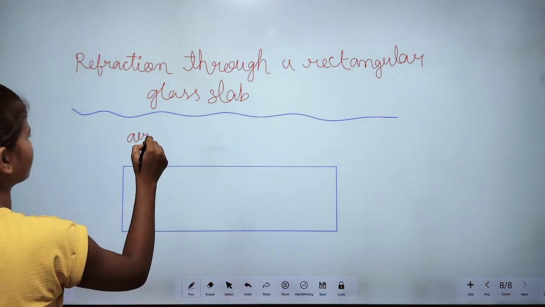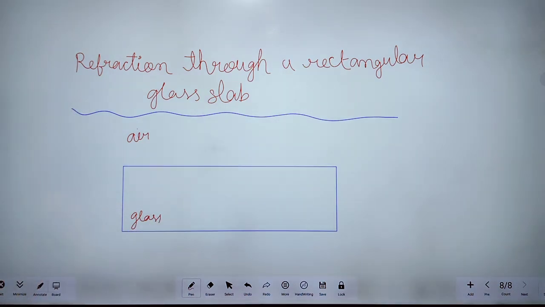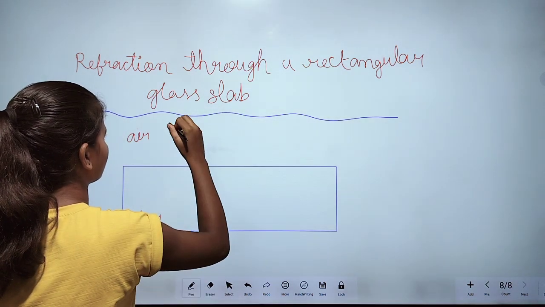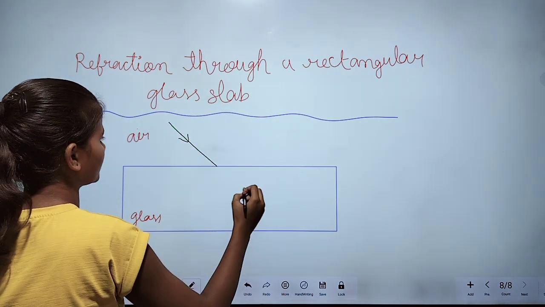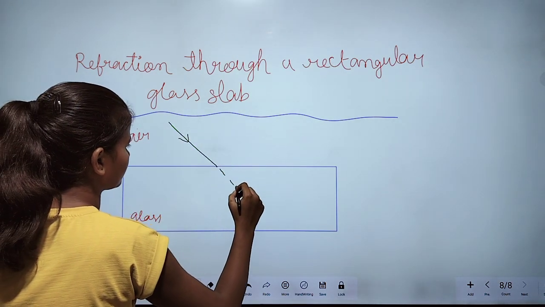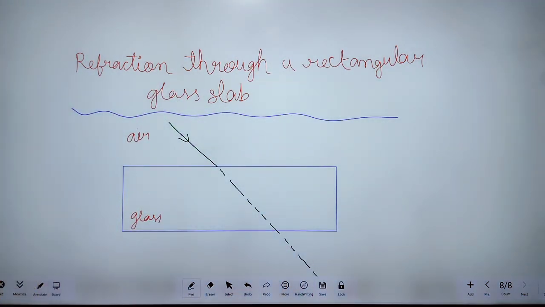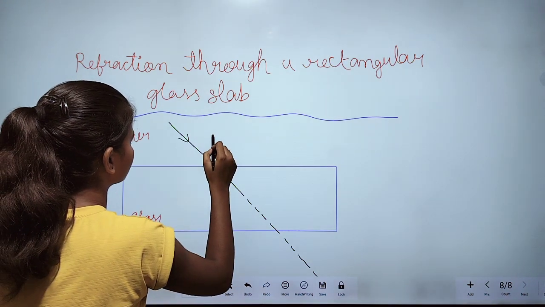This one is air, and this one is our glass slab. This one is our incident ray. If there is no slab, then the ray would go like this, in the same direction.